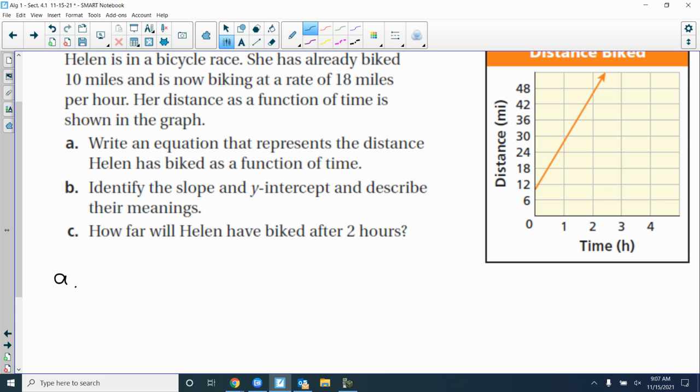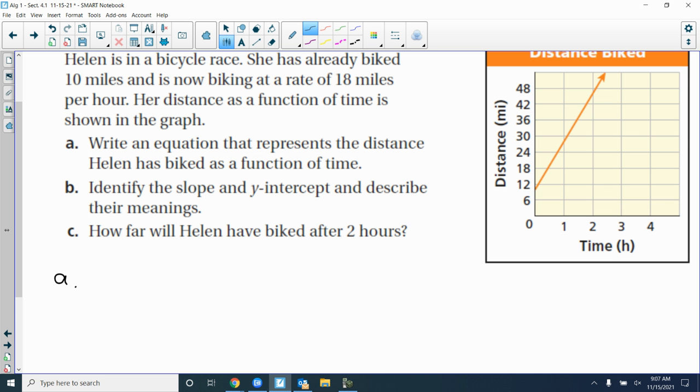Griffin? I had a question. Go ahead. You said the rate of change has to be constant, but if she's changing how fast she's going, like 10 miles into the race, isn't that not a constant rate of change? All right, what is the 10 referring to? The 10 is not a rate. I'm saying that she already has done that, and now she's changing her speed to 18, and that's not a constant rate.